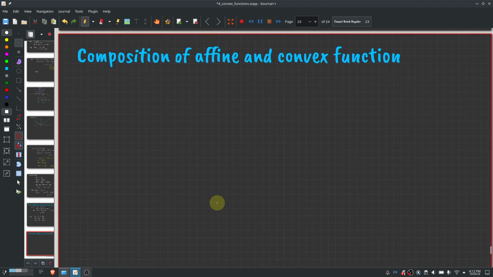Another way of generating new convex functions is by taking compositions of affine and convex functions. So what is an affine function? Any a times x plus b. So this G is a map from, let's say, R^n to R^m.